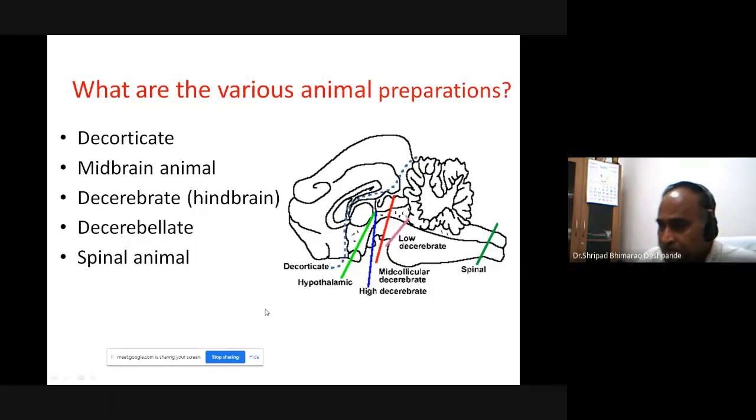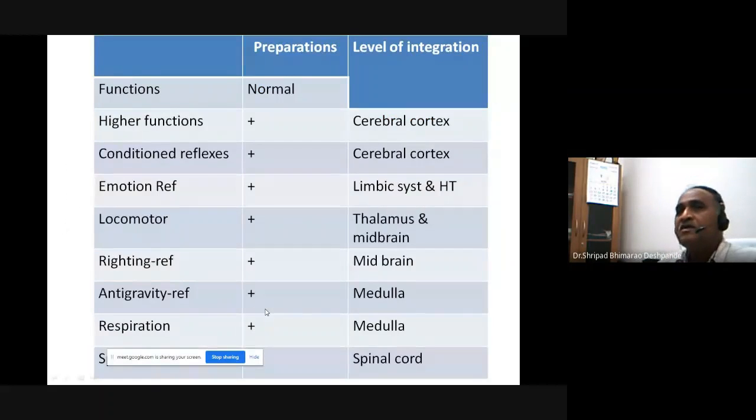Okay, so now let us consider what things are to be studied when you make these preparations. Here I take up the normal individual without any lesion, who has the higher functions. What are the higher functions? Higher functions are memory, learning, and all the other cognitive activities.